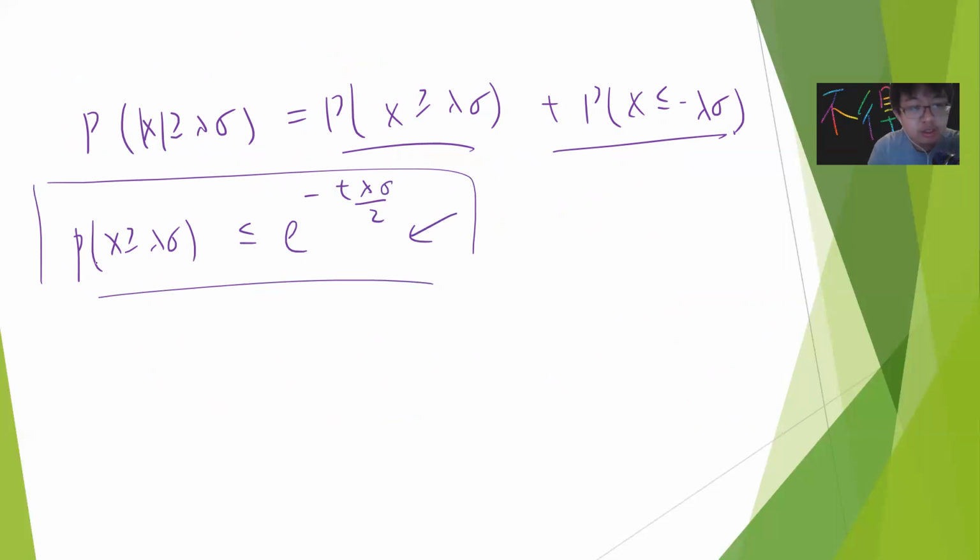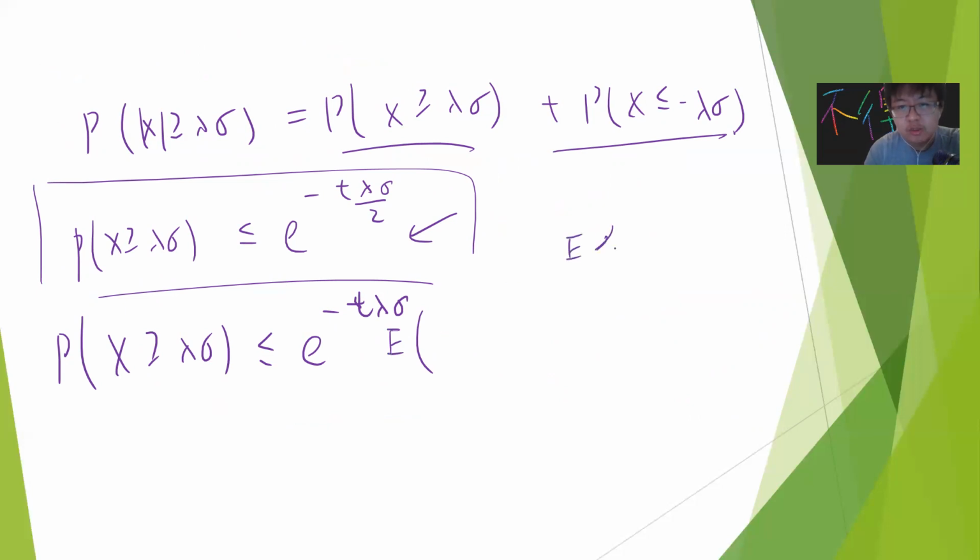The idea is very simple. I have the probability of X greater than or equal to lambda sigma, which is the probability of exponential tX greater than or equal to exponential t lambda sigma. This is the Markov inequality, so it is bounded by the expectation value of exponential tX divided by exponential t lambda sigma.